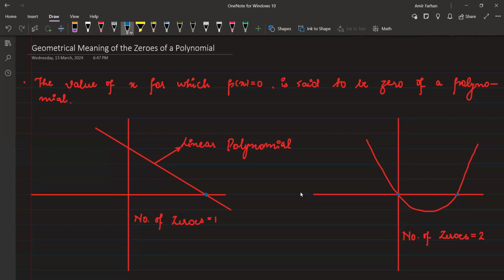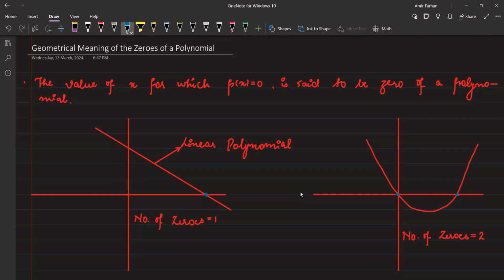Degree means highest power. Ifra said highest power. What about you, Gianna? Yes, sir, highest power. Basically, the degree of a polynomial will tell you how many zeros the polynomial will have.